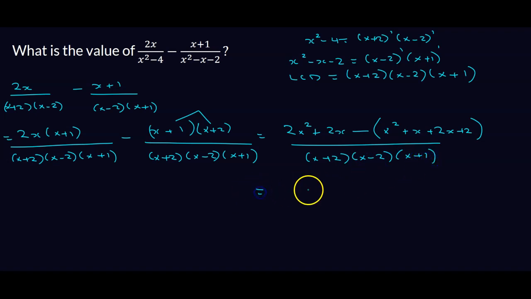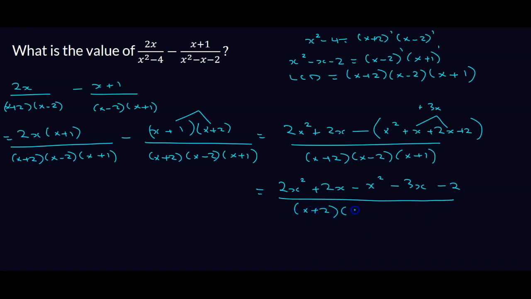So we'll keep simplifying. We have 2x squared plus 2x minus x squared. x plus 2x is 3x, so this is going to be minus 3x, which we get from here, and then minus 2. And this is over x plus 2, x minus 2, and then x plus 1.